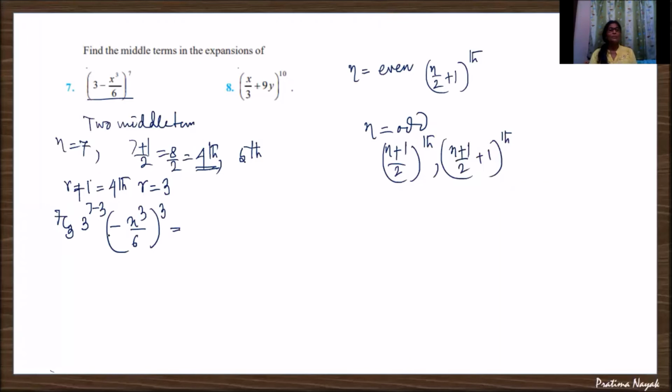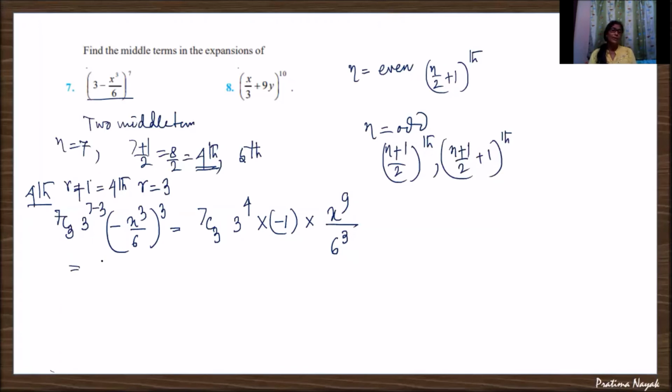So this is the first middle term, which is the fourth term. So how much will it be? 7c3, 3 to the power 4 into negative odd power, it will be negative, into x to the power 9 upon 6 to the power 3.